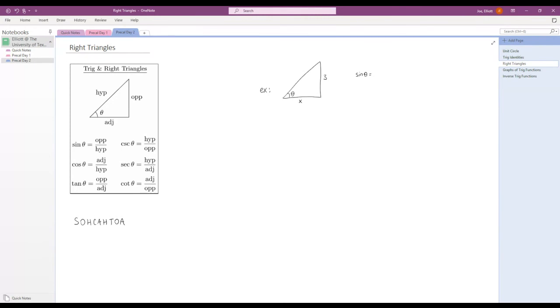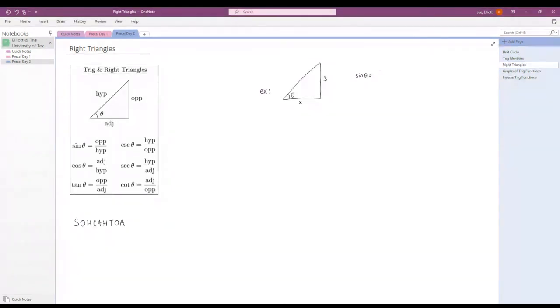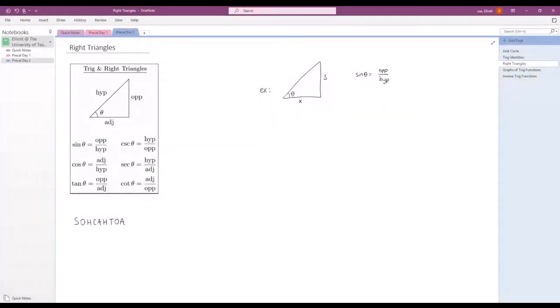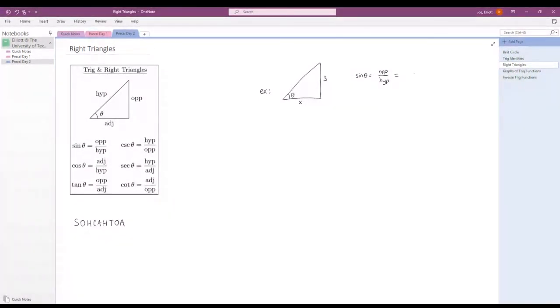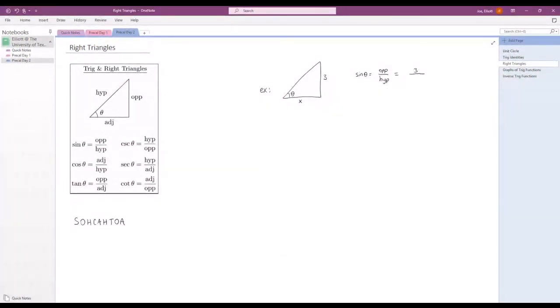To figure out what sine of theta is going to be, we can use the idea that sine is opposite over hypotenuse. Okay. Looking at our right triangle, we know that the opposite side has a length of 3. The hypotenuse, I don't have it in this picture, but maybe we can figure out what it is.